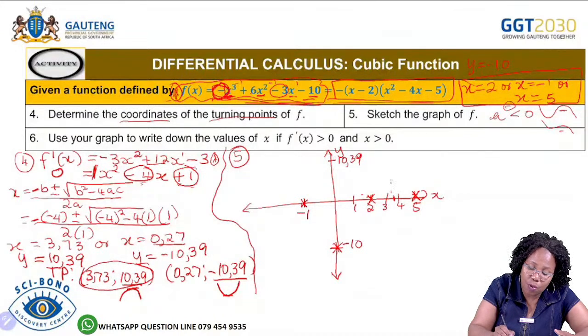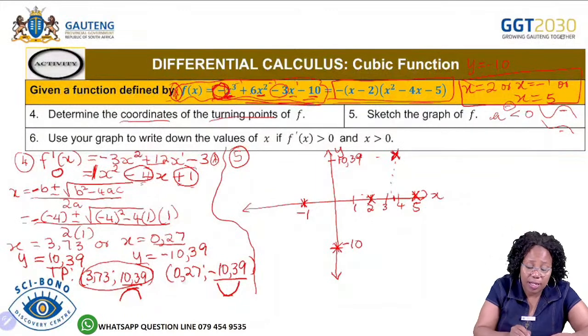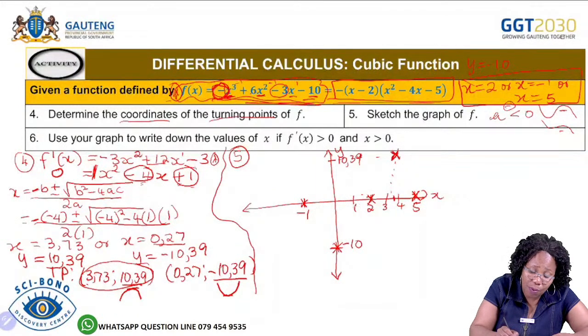These ones are coordinating. At the point where they meet, it is where you are going to have your point. And then we have 0,27, just before 1. And this is coordinating with -10,39. And where they meet, you'll have a point there.